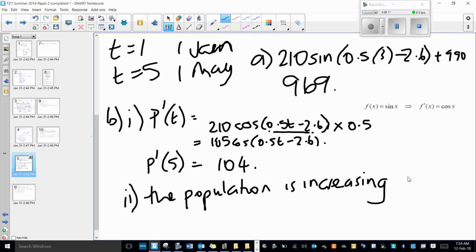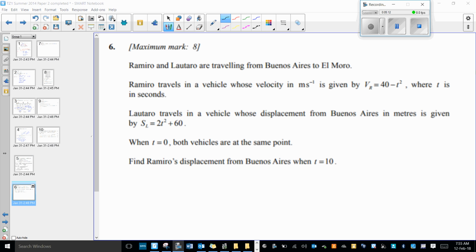Okay, so the velocity is given by that. Ramiro's displacement is such that when t is 0, both are at the same point. Find Ramiro's displacement. We've been given a velocity expression for Ramiro, so if we want to find his displacement, we need to integrate. Remember, this is a kinematics question.